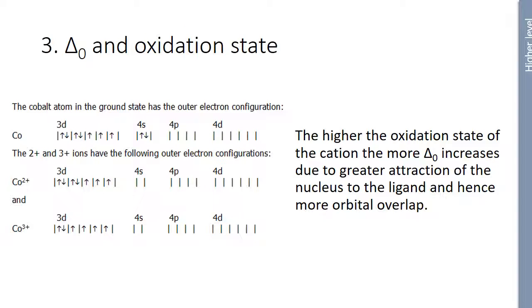Okay, you can see this by the diagram here. Cobalt, the 2+ and 3+ ions of cobalt, you can see that there is more potential for orbital overlap due to the larger charge on the associated cation in the center.